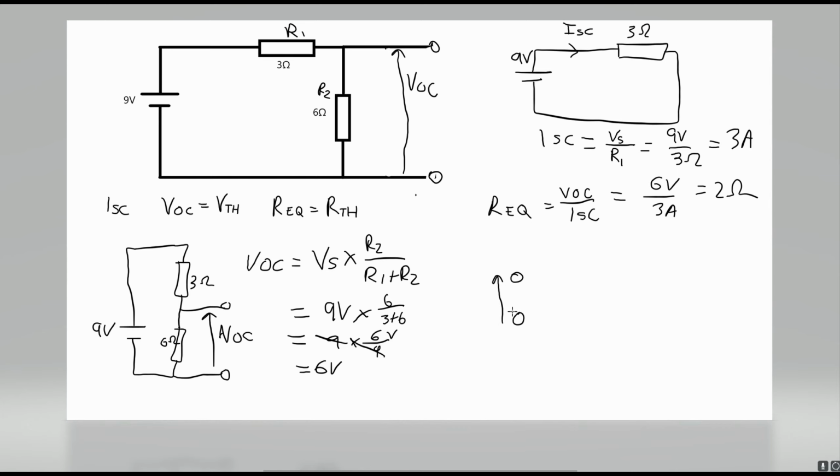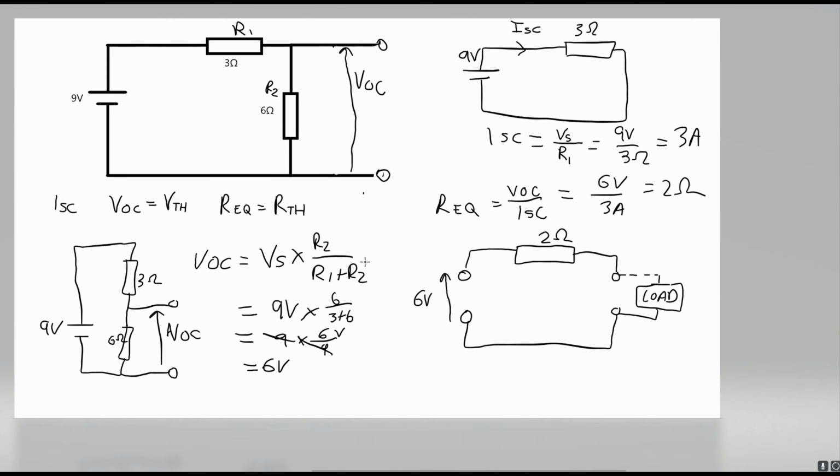You draw your VOC here, which is 6 volts, then you draw your equivalent resistor, which is 2 ohms, and then you draw your load. I usually draw it as a dotted line because it can be anything. It could be there, it doesn't have to be there. And this is just the equivalent circuit. That's all it is.